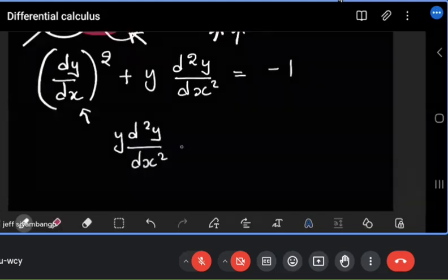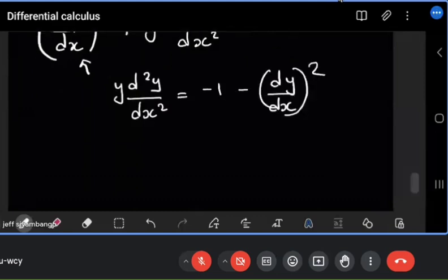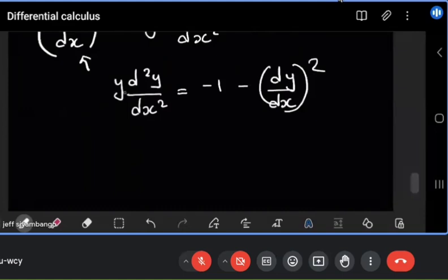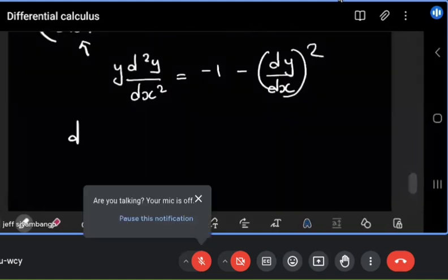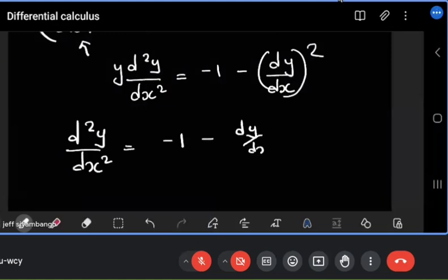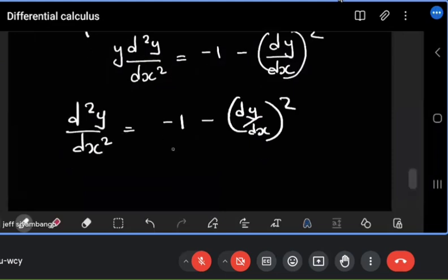So this will be negative 1, then minus the first derivative squared. Then from here, divide both sides by y. So now you have the second derivative equal to negative 1 minus the first derivative squared, all divided by y.